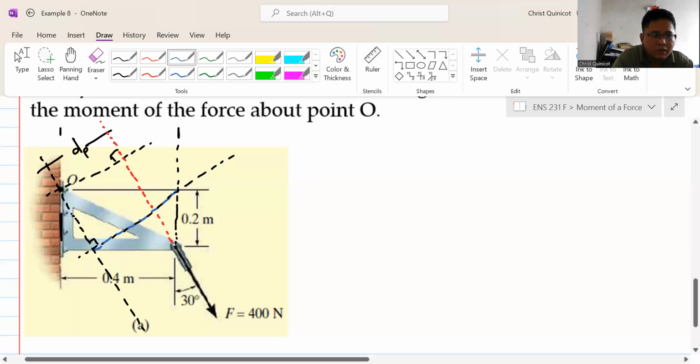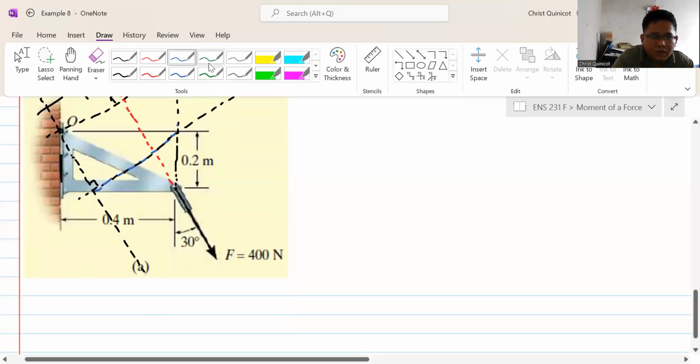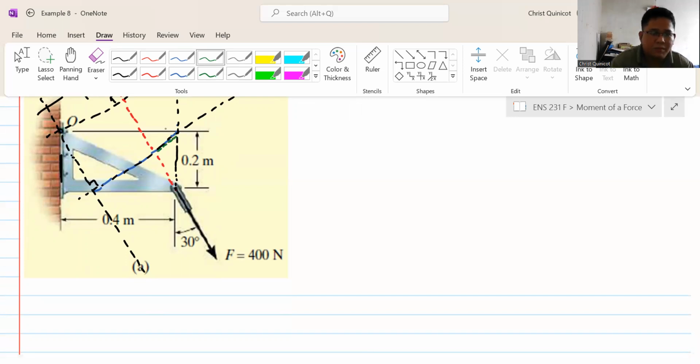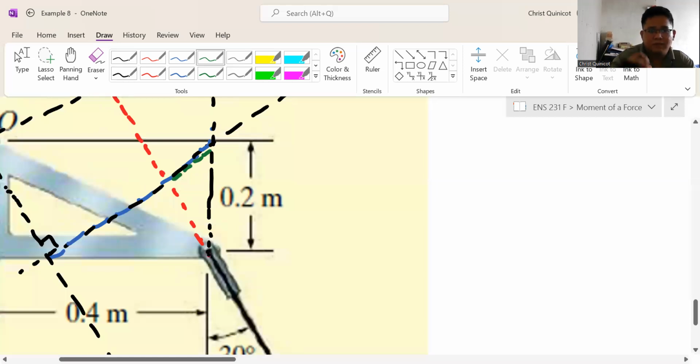How do we know? Because from point O to this point, that's 0.4. So we can measure this blue distance. From 0.2, this green part can also be measured, because we know that the height of that small triangle is 0.2.